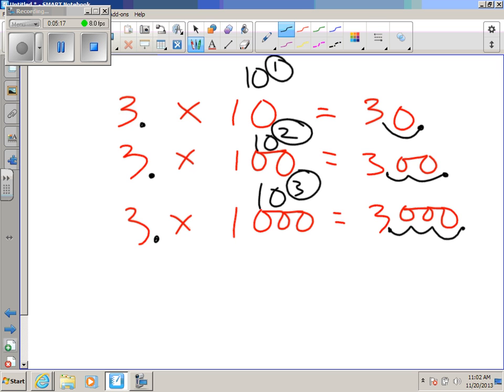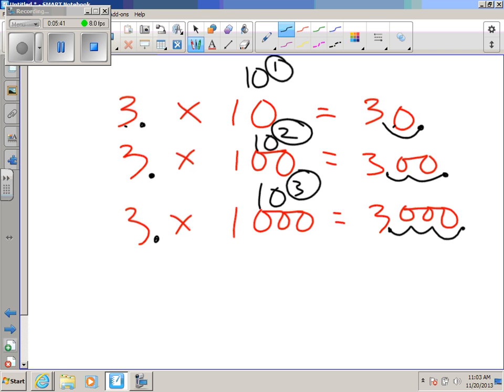Now, for the most part, you know that when you multiply, your number usually gets bigger. And in the cases that we had, in all of them, I went from 3 to 30. Did it get bigger? 3 to 300, 3 to 3,000, definitely got bigger.